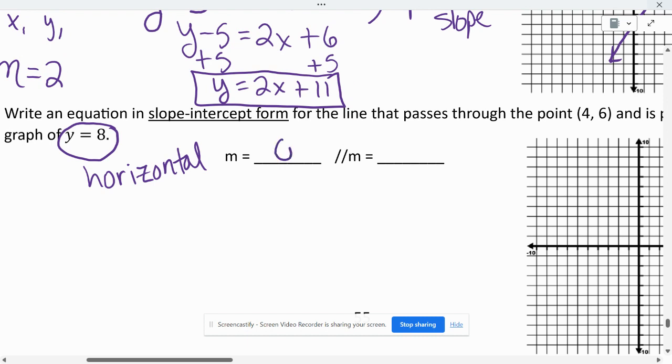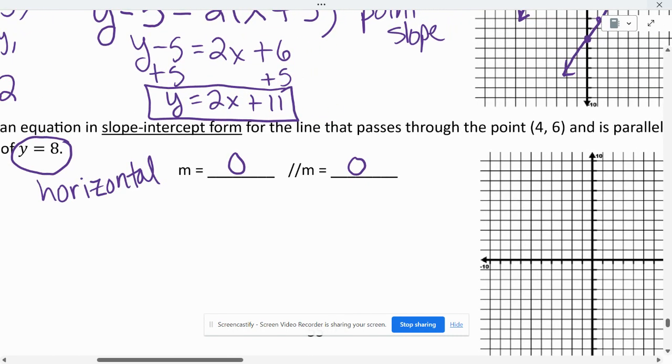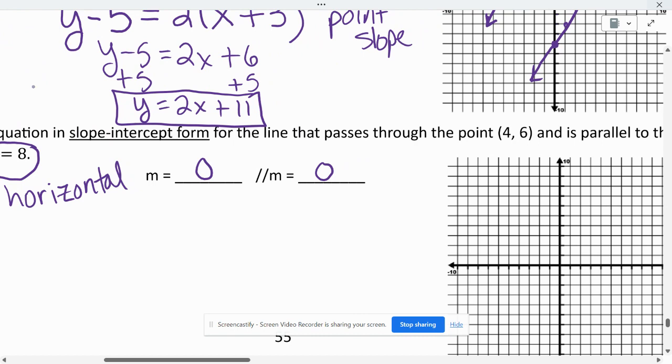It's 0. So the line that's parallel to it also has a slope of 0. So y equals 8. Well, that's 1, 2, 3, 4, 5, 6, 7, 8. That's this line right here. This is the line y equals 8.